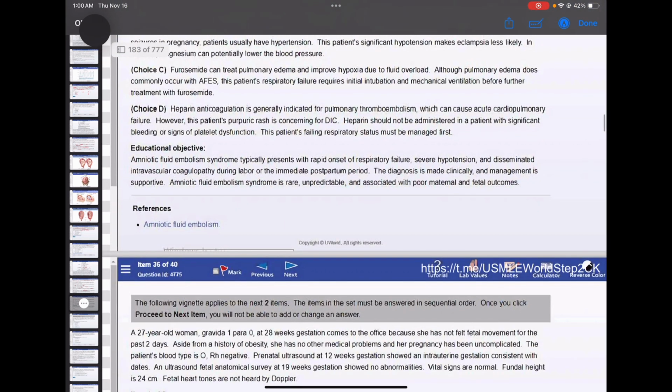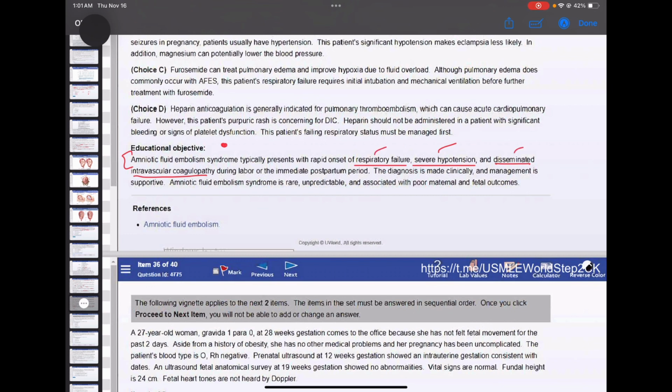So, what is the educational objective? Amniotic fluid embolism syndrome typically presents with the rapid onset of respiratory failure, severe hypotension, and DIC during labor or the immediate postpartum period. The amniotic fluid embolus might have dislodged and it can cause severe hypotension, respiratory failure, and DIC.